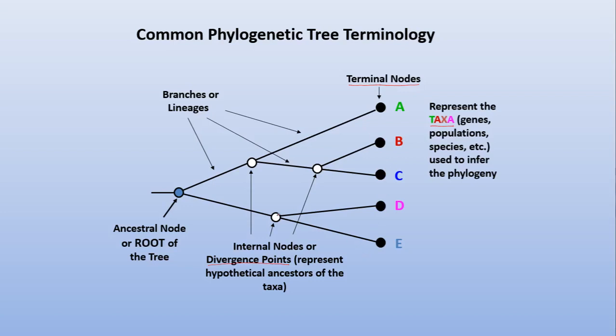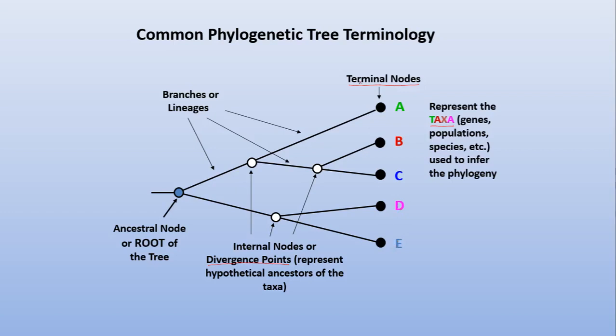So over here, the internal nodes are represented by these white circles. This particular white internal node represents the divergence point between the terminal nodes D and E, and hence it can be called the common ancestor of D and E.